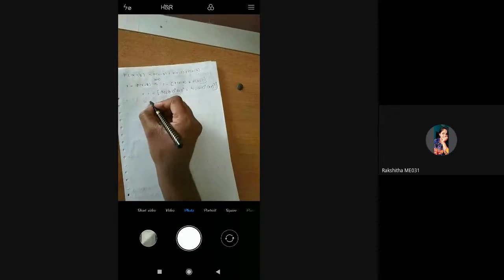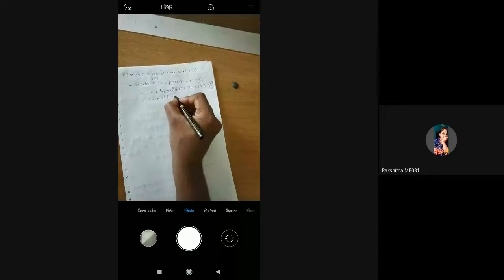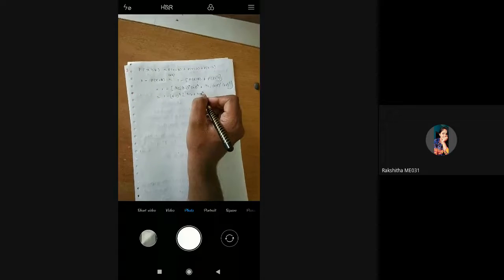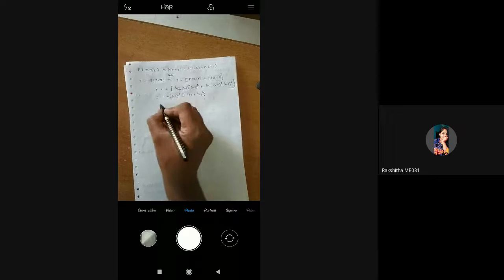That is 1 minus 0.5 power 4 into 4c0 plus 4c1. Yes, this is the method you can use. Just substitute the values, simplify using the scientific calculator and get me the answer. Everyone must try.